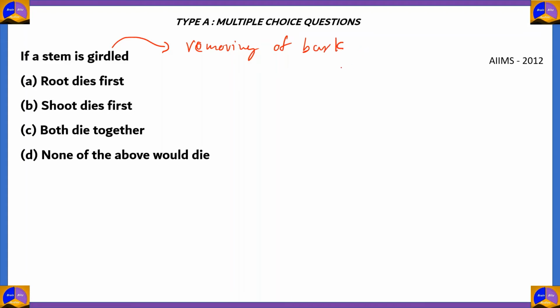The bark contains the epidermis, the phloem, and the pericycle. So these are components of bark, and the removing of bark makes the plant die. So the plant dies in the procedure of girdling of stem.